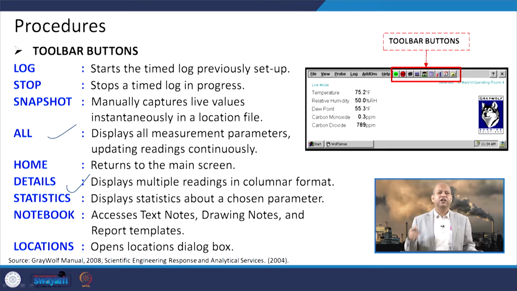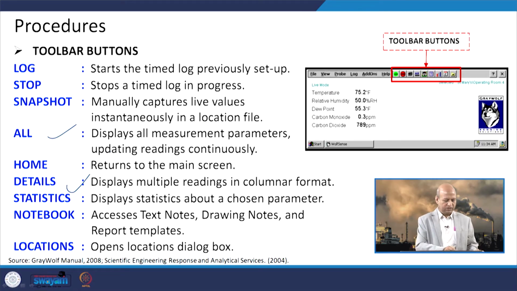Toolbar buttons has like log, stop, snapshot, all these buttons. So, this log is to start the time log previously which has been stored, and then stop button is to stop that functioning or the reading. Snapshot can be taken manually, and the all button gives all measurement data related to parameters which can be seen.